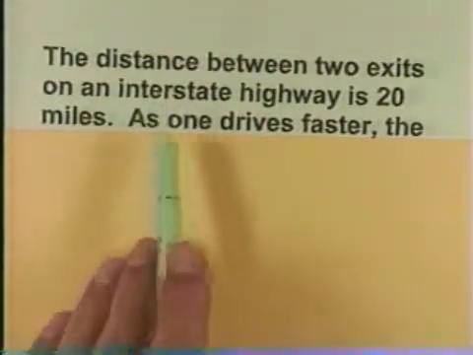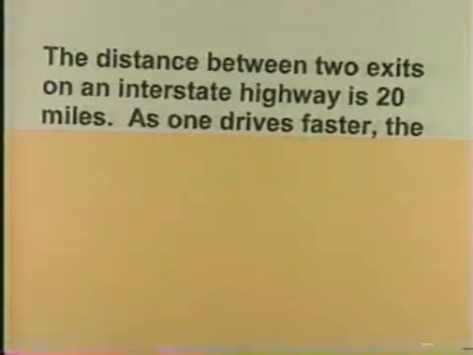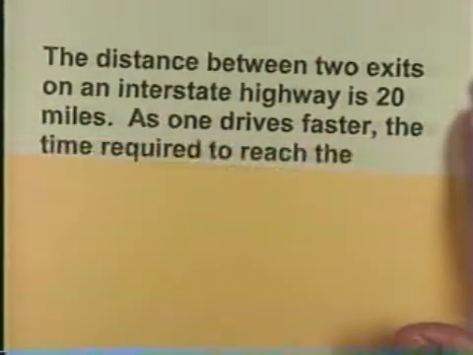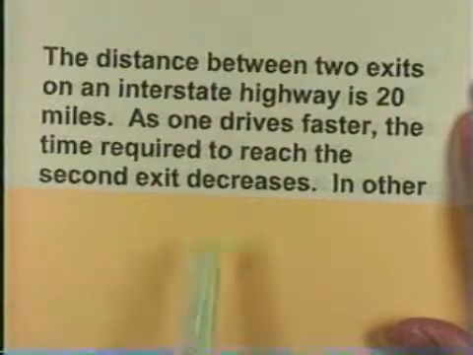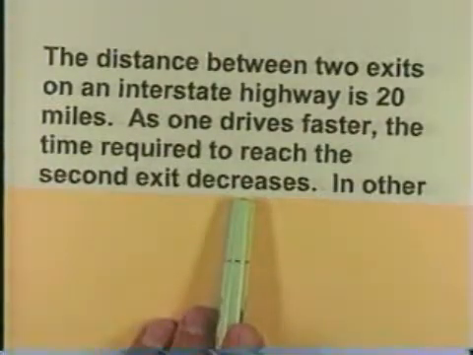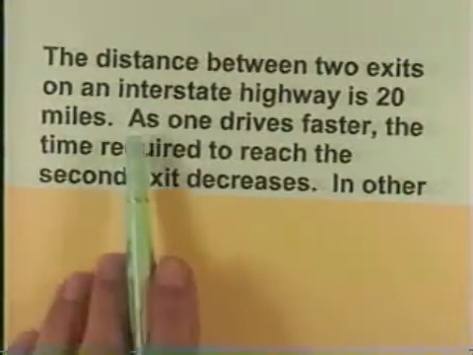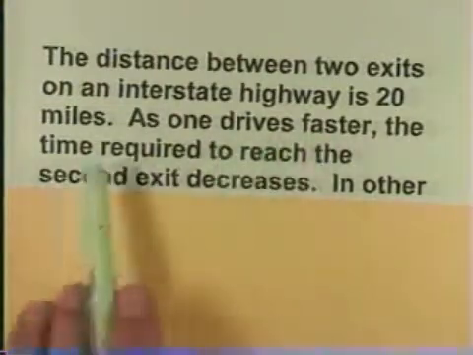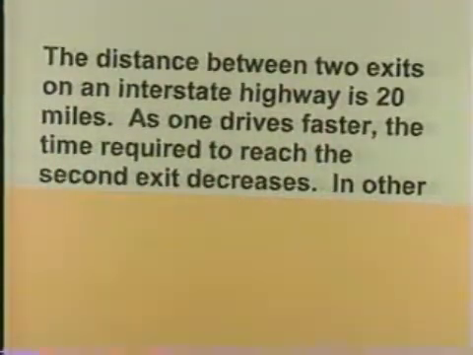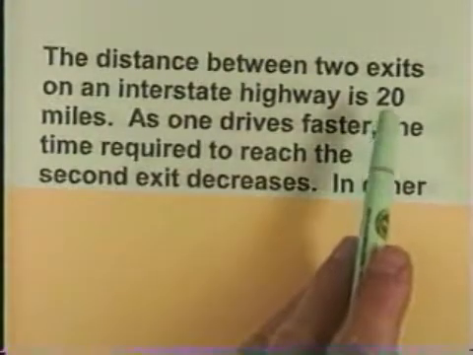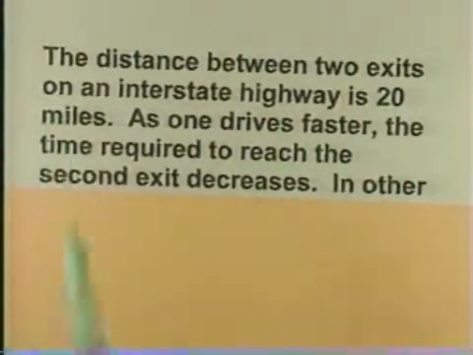Now, on this interstate highway, as one drives faster, the time required to reach the second exit decreases. So as you drive faster, time decreases. So think about it. You have a fixed 20 miles to cover.